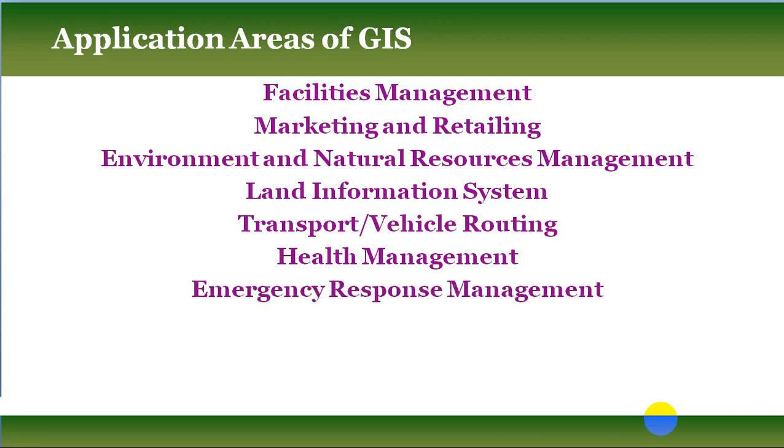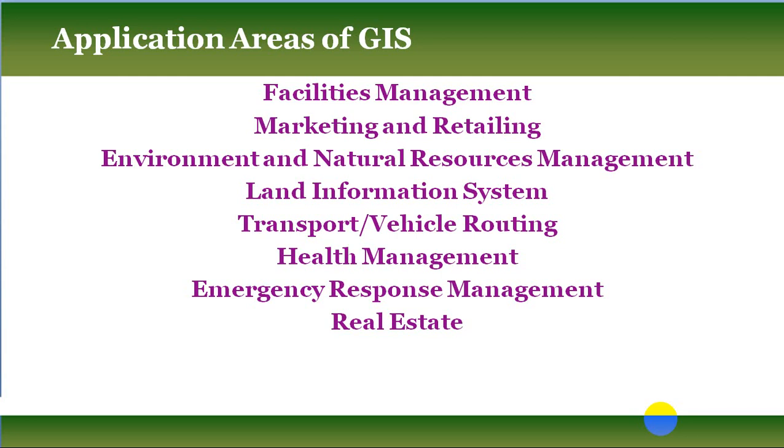Emergency response management purpose, for example, if a fire incident happens anywhere, then the fire service can reach in the easiest way, in a shorter time period, and they can reduce and control the damage by using GIS properly.